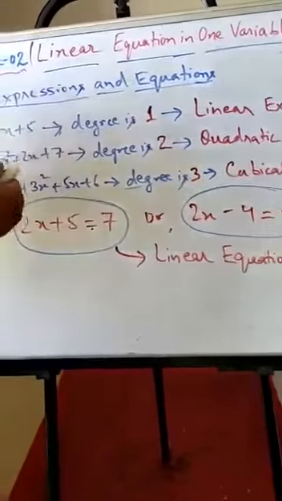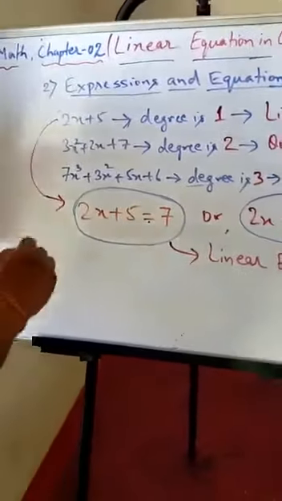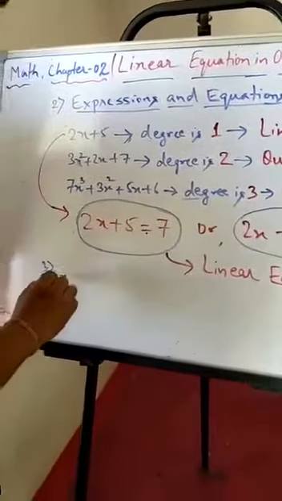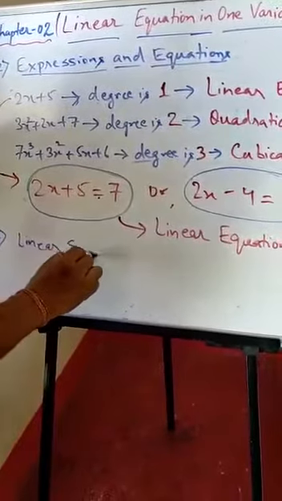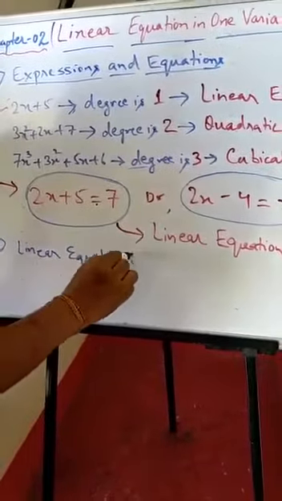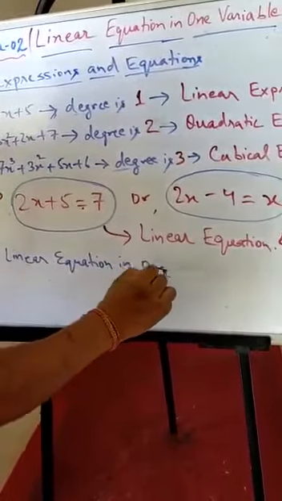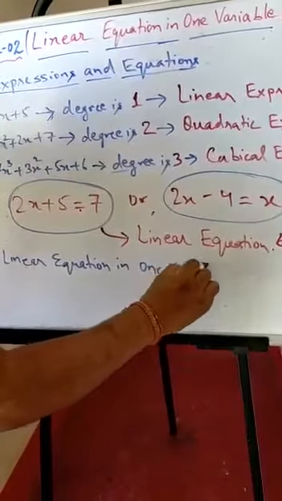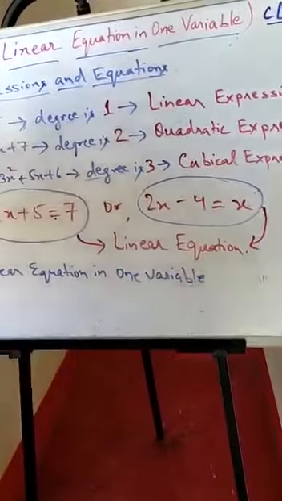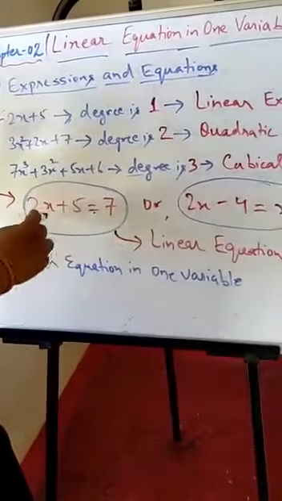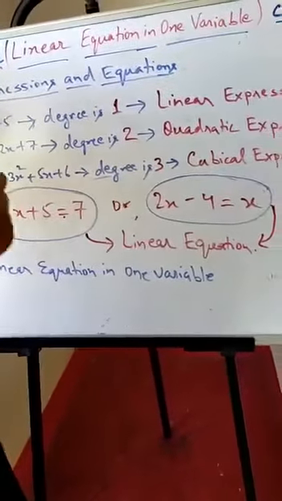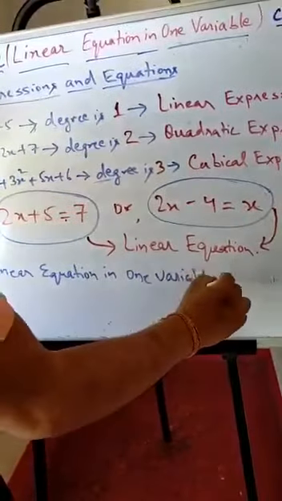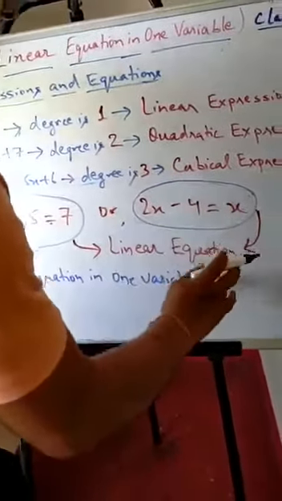So under the third point, what are we going to cover now? Third point, linear equations in one variable. The examples I have shown you are 2x plus 5 equal to 7 and 2x minus 4 equal to x. So what is a linear equation in one variable?